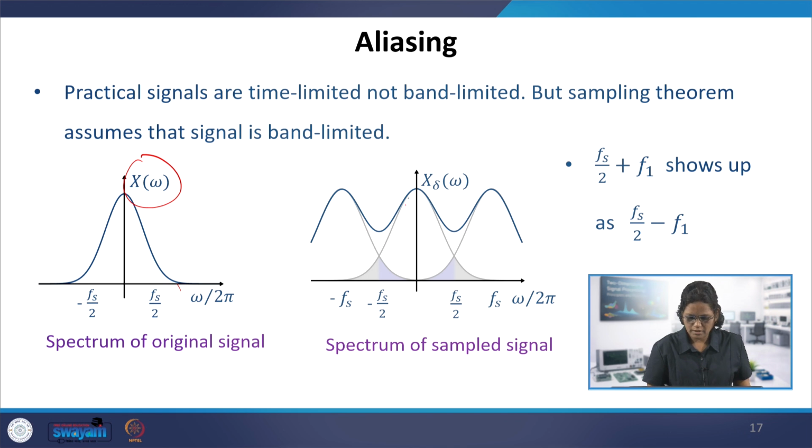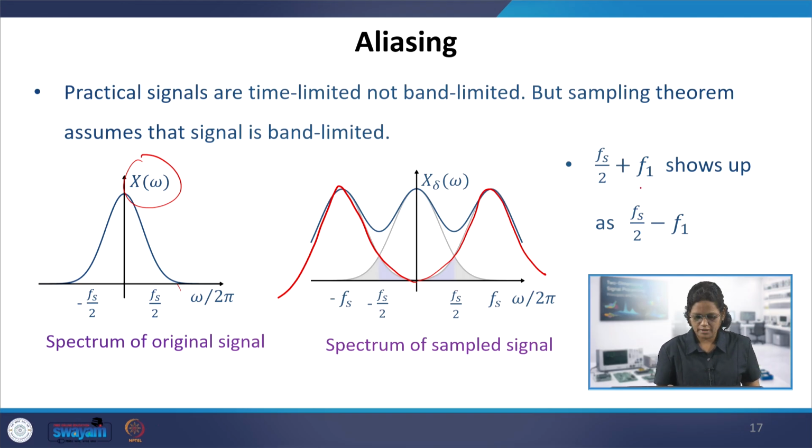So you get one baseband here, another one here at fs, similarly the other at minus fs, and it would continue with 2fs and minus 2fs as well. If we don't follow the Shannon sampling theorem we have seen in the example, these two overlap. This portion is from the next fs band spectrum. Here is the baseband value.